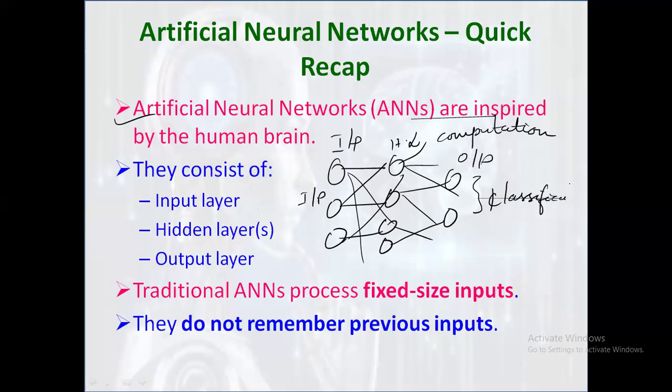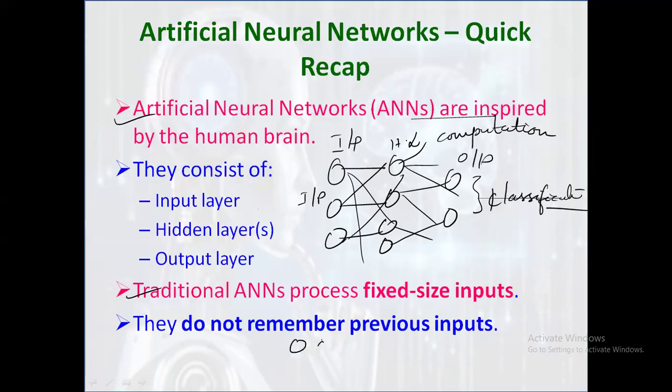This will be helpful for finding out what type the input is, that is the classification. So it will be giving us the classification or predictions. And you know that traditional artificial neural networks process fixed-size input. That means ANNs require input of the same size each time and cannot handle varying length sequences naturally.